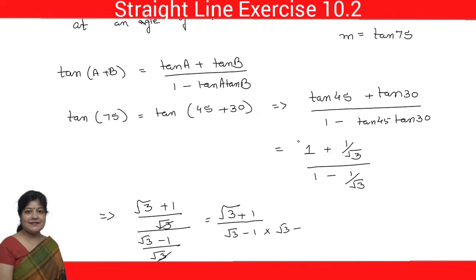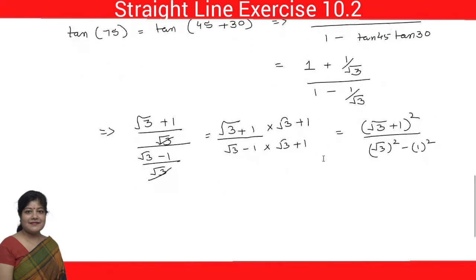Multiply by root 3 plus 1 in numerator and denominator. So a plus b whole square is a square plus b square plus 2ab, and the denominator is a square minus b square. So we have 3 plus 1 plus 2 root 3 over 3 minus 1.